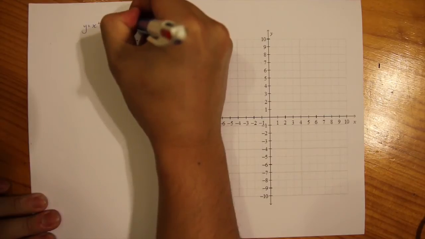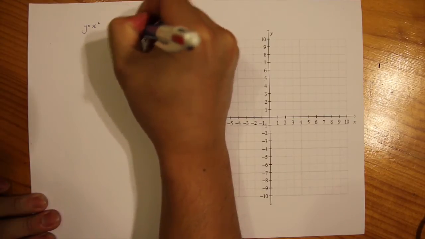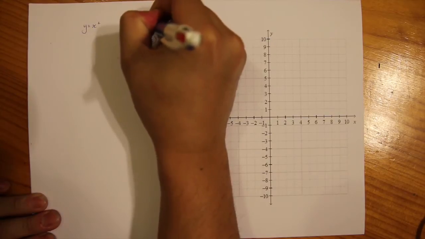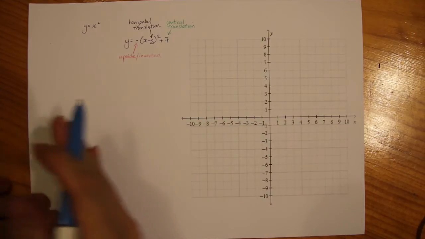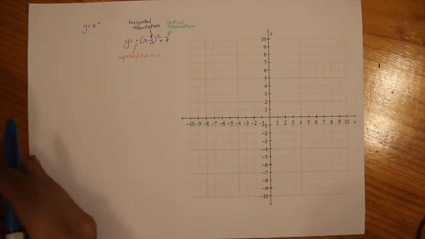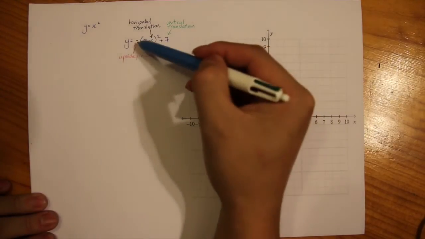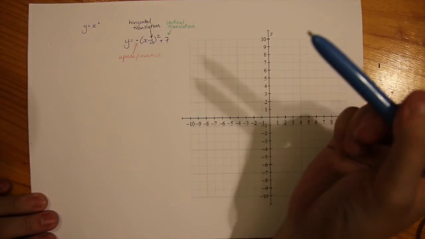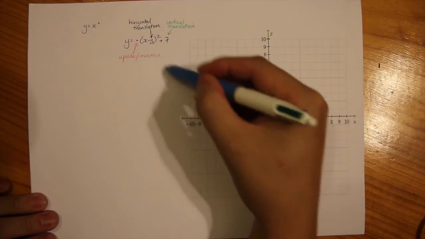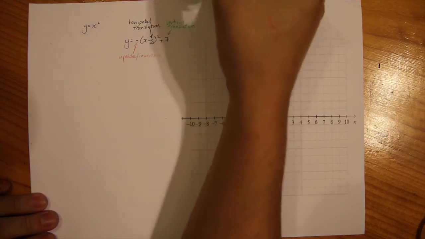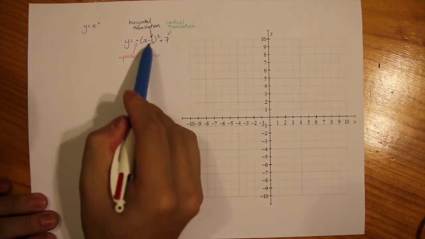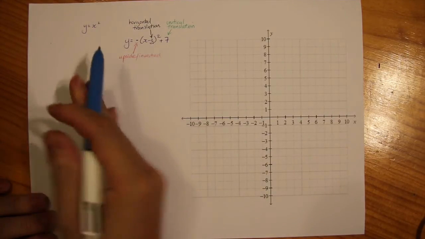This is your horizontal translation. That value is going to show you how far to the right or how far to the left the parabola will actually move in comparison to y equals x squared. So firstly, this is going to be an inverted parabola, upside down. It's going to be 7 units up the y-axis, and it's also going to be 3 units to the right.